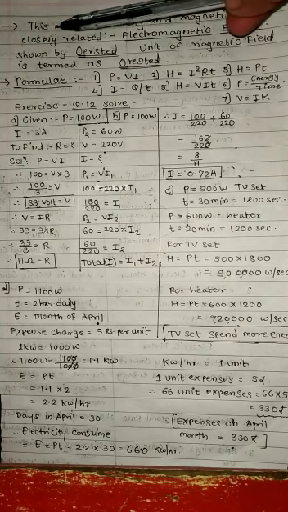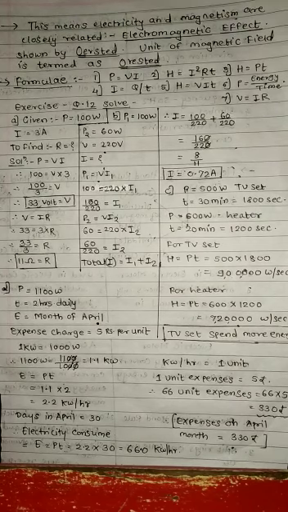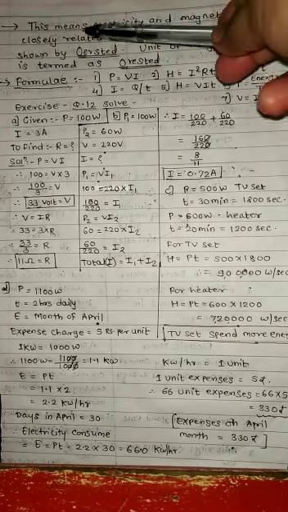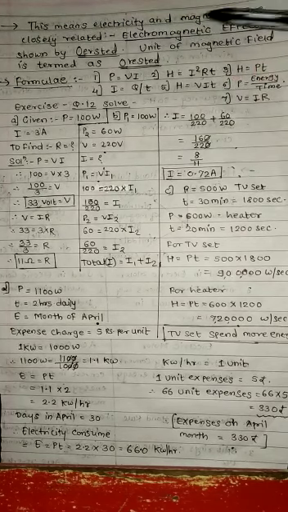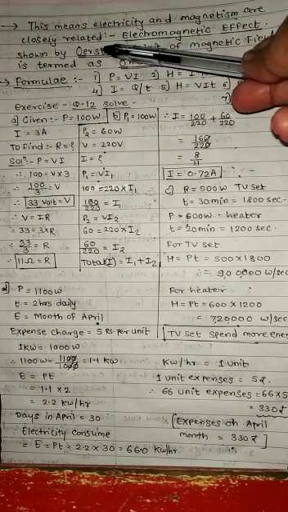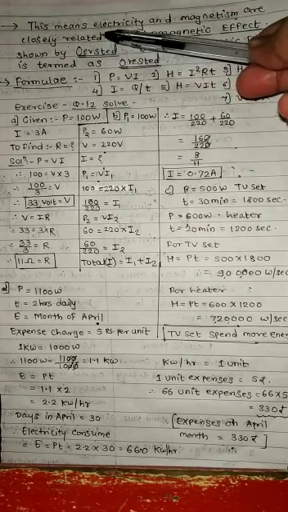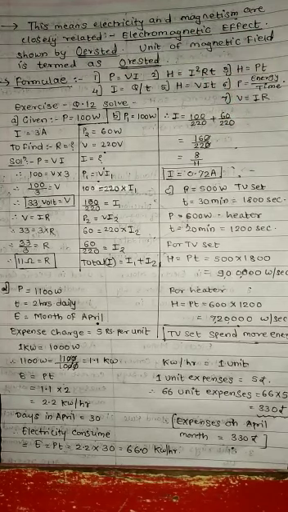See, electricity and magnetism are closely related. We already know that whenever a current is produced in a conductor, in a loop or a wire, it produces a magnetic field around it.